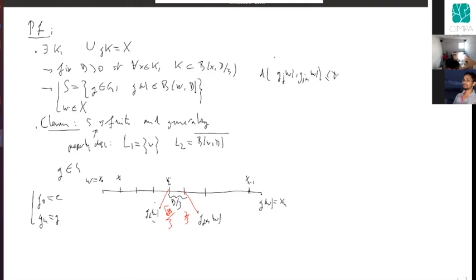Actually it's strict because it was in the open ball.